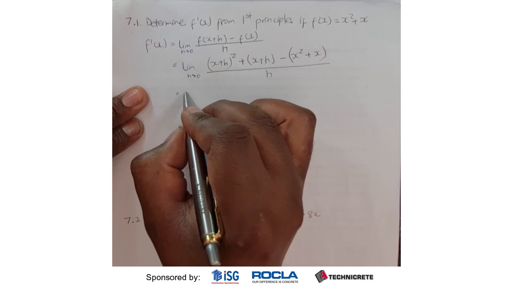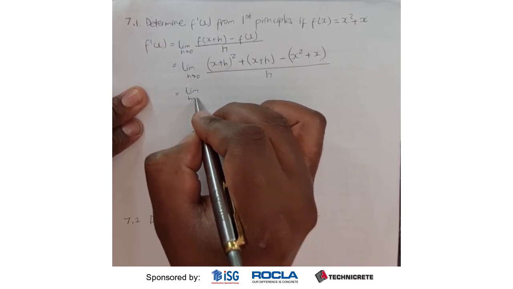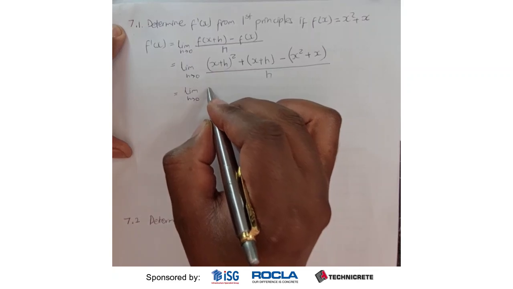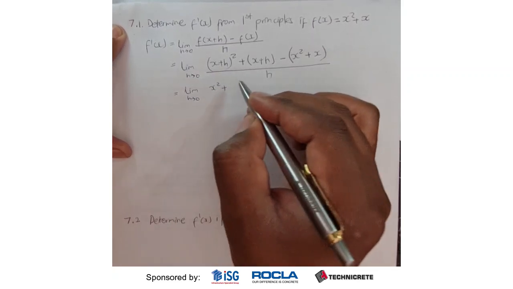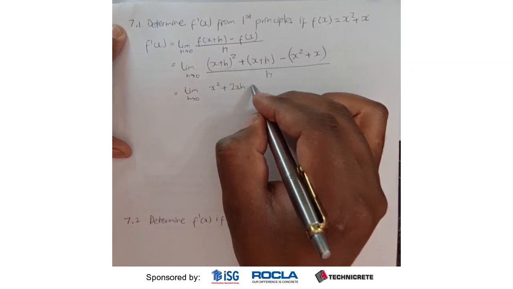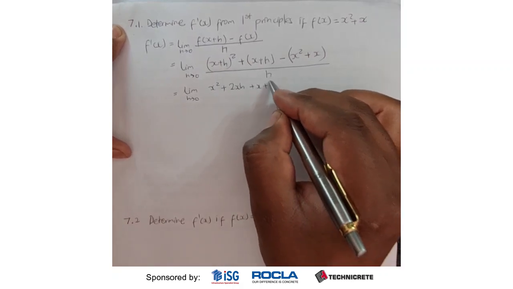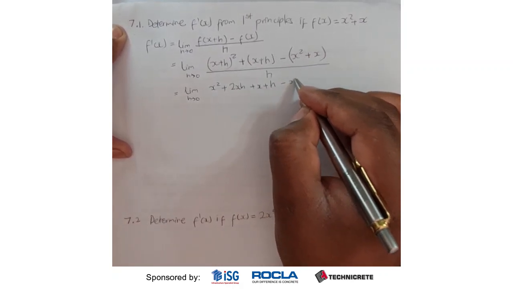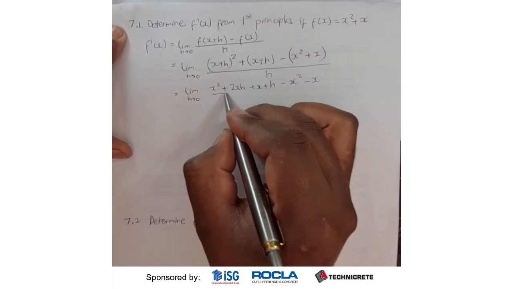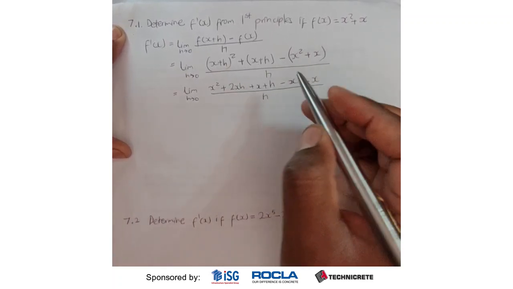Right. Now we're just going to be solving for that. This becomes x squared plus 2xh plus x plus h minus x squared minus x. We do nothing to the h.